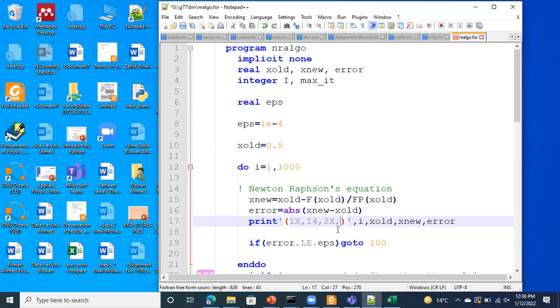Then I leave 2 blank spaces, and for writing 3 real numbers, let's write the format F of 7.4, since we have written the convergence criteria up to 4 decimal places. 2 times this one, and then 2X, and write the E format 9.